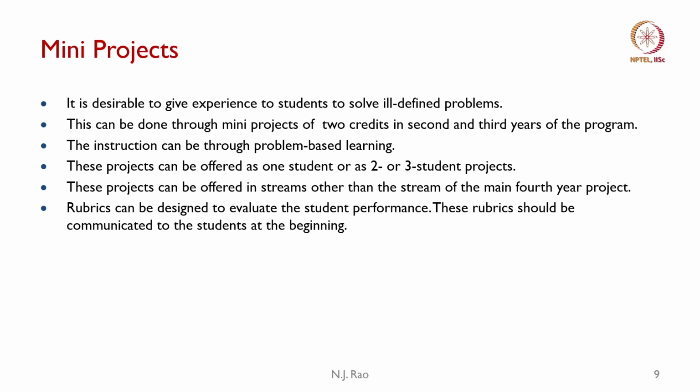So what can happen is, if the student wants to, let us say in mechanical engineering, specialize in design, he can experience the other streams through these mini projects. Like thermal or manufacturing, they can experience through a 2 credit type of project. And the main 4th year project they will do in their area of interest, like design.